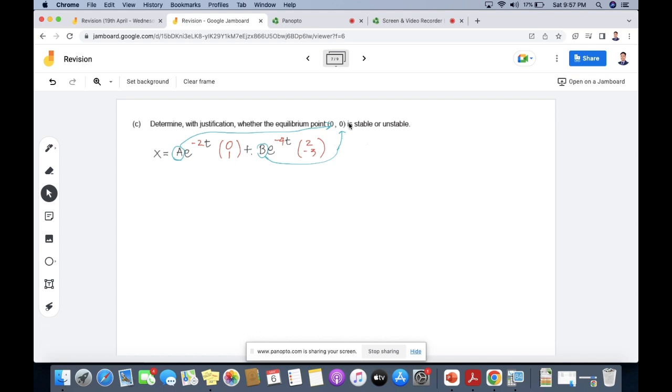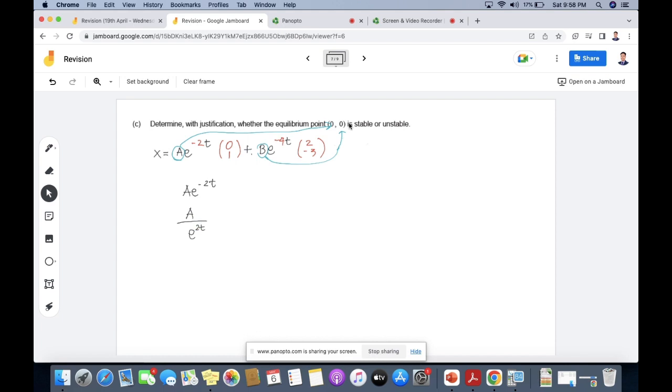This is now A times e to the power of -2t. Since the exponent is negative, I can rewrite this as A over e to the power of 2t.